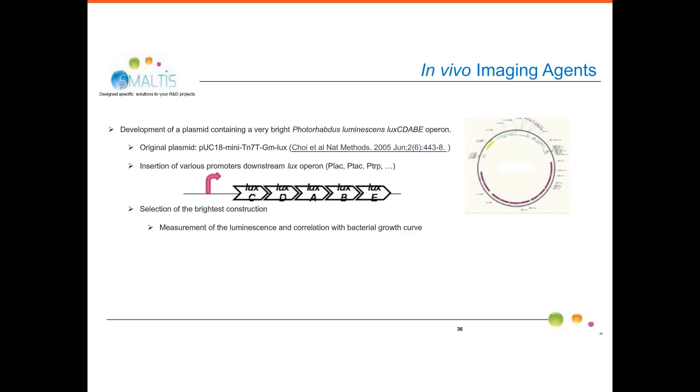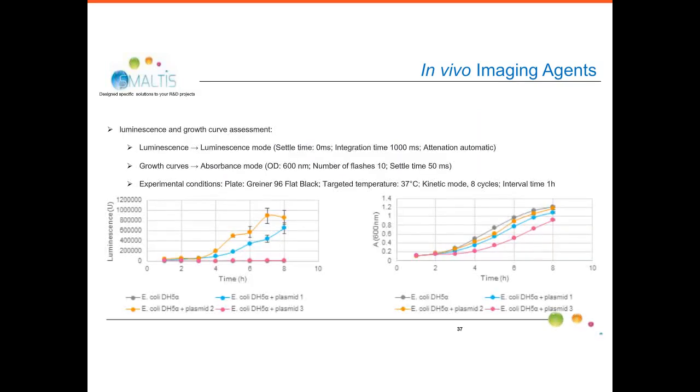And to select the brightest construction, we have measured the luminescence and correlated it with the bacterial culture growth. To do this, we have used the Tecan reader in 2 modes simultaneously. The first one was the luminescence mode, and the second one is the absorbance mode.